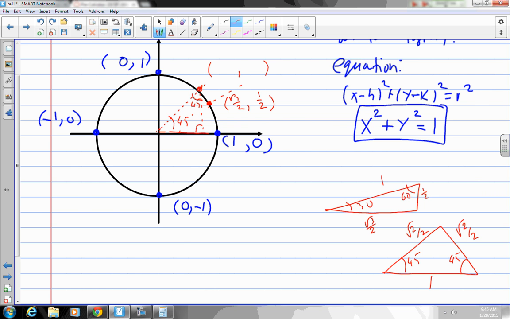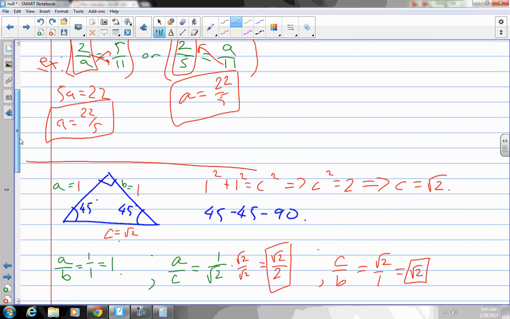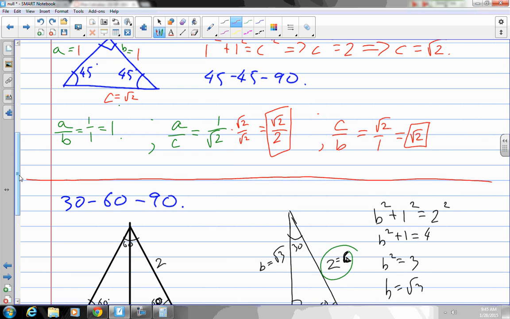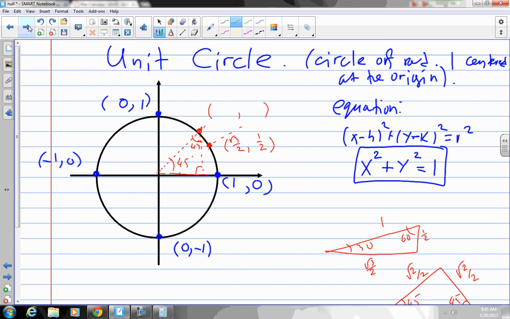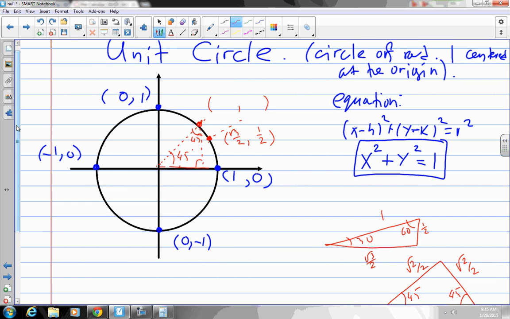We already did that somewhere here. The ratio of the smaller side to the radius is square root of 2 over 2. So if c equals 1, a equals root 2 over 2, because c equals 1 right now. So therefore, x and y values are the same here, square root of 2 over 2, square root of 2 over 2.